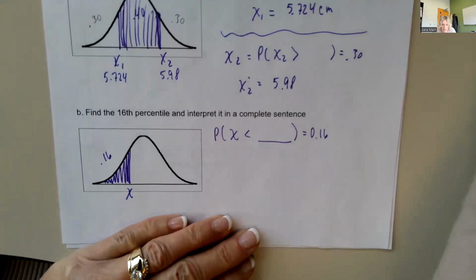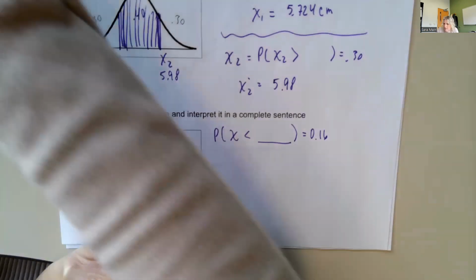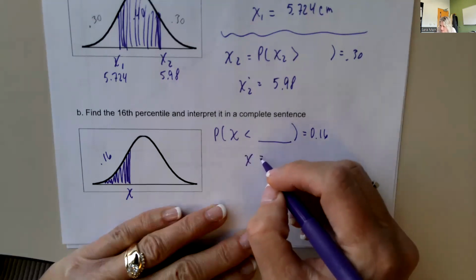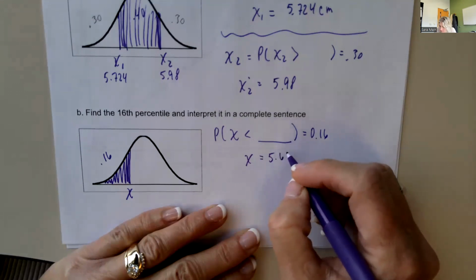So I'm going to put in just as it is, 0.16, and that diameter is 5.61.